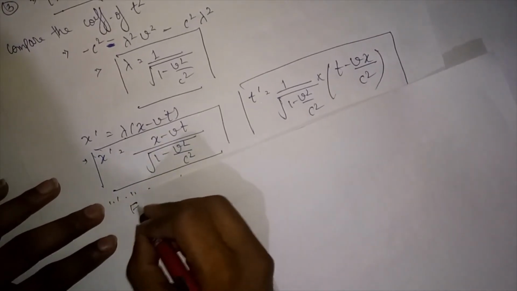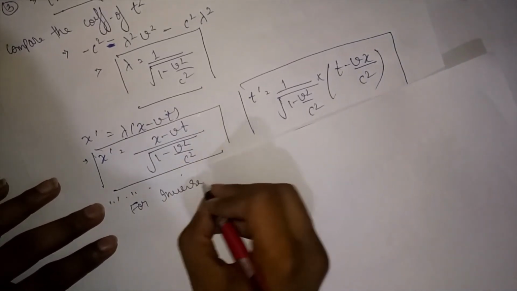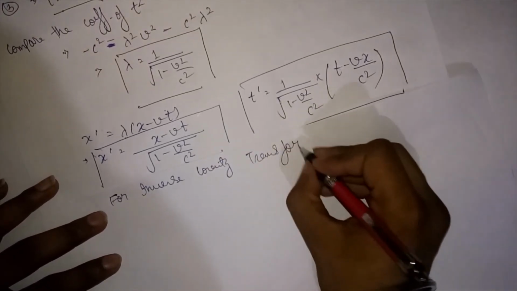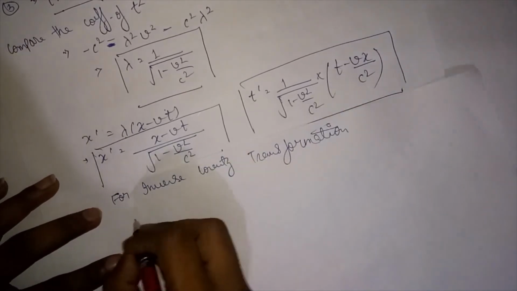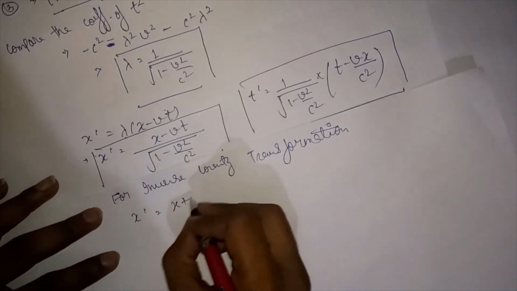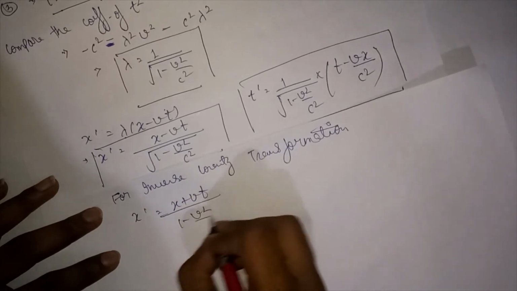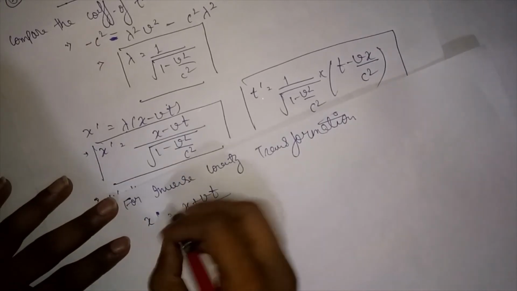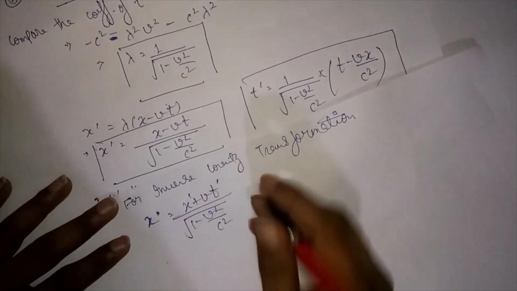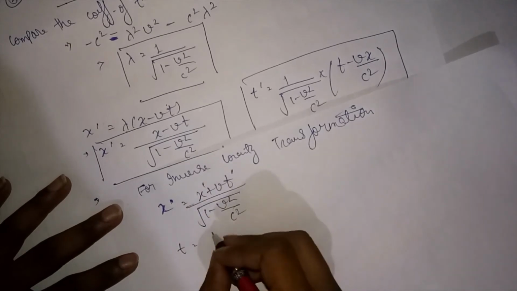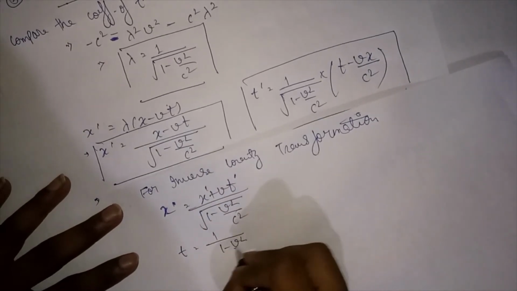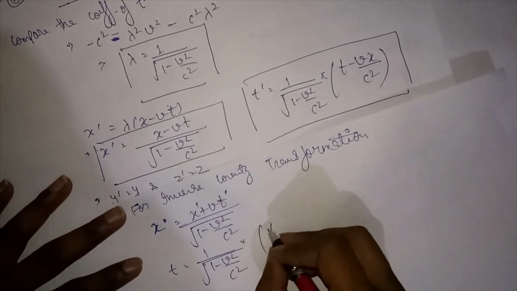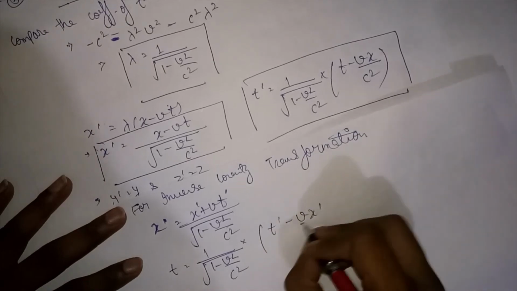For the inverse Lorentz transformation, x becomes x dash plus vt dash upon under root of 1 minus v square upon c square, and t becomes 1 upon under root of 1 minus v square upon c square into t dash plus v x dash upon c square.